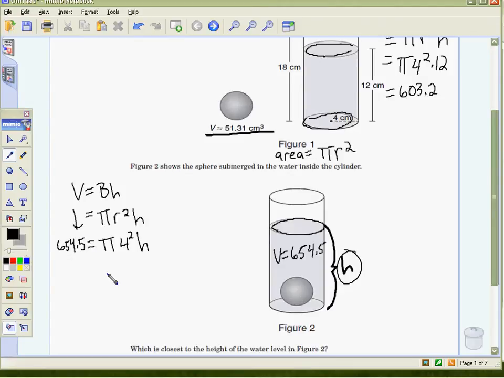So I want to solve for h. Pi and 4 squared are both being multiplied with h, so I can just divide by, I'm going to call it 16 pi since 4 squared is 16. So divide both sides by 16 pi. This goes away, and I get h equals.